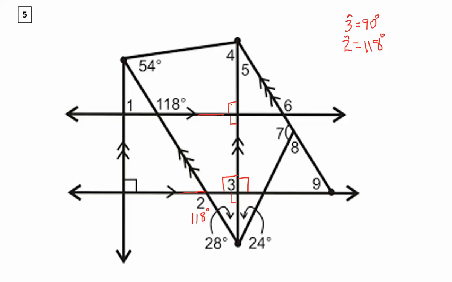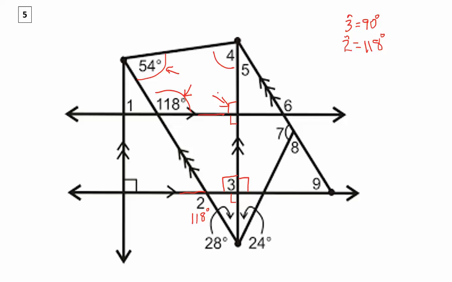So if I now add up the 1, 2, 3, 4 interior angles of a quadrilateral, they should equal 360 degrees. So I've got 360 minus my 118 over there, minus the 54 over there, minus my 90-degree angle over there.